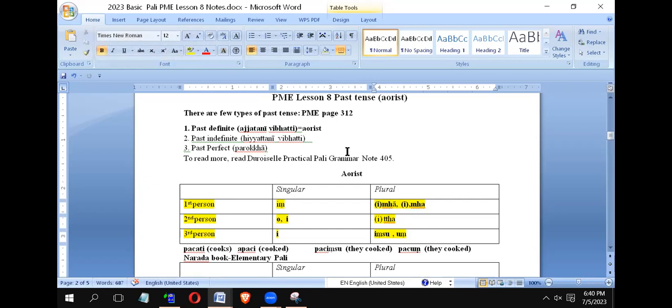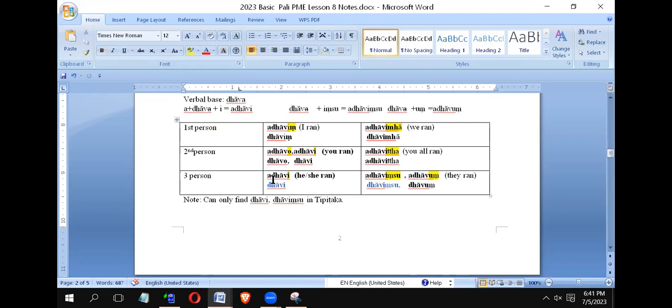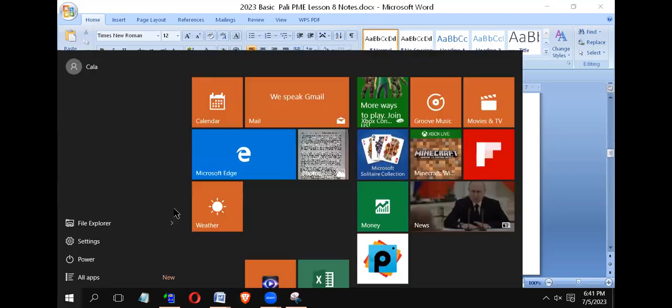Okay, next question. Sayajit asks: why is there no third person adavi, and then some more davi? What is the difference between adavi and davi? Because it was mentioned in the lesson, I think. All right, so there are two forms here, adavi, davi. It's either this one or this one. You have the Pāļi Made Easy book, right?